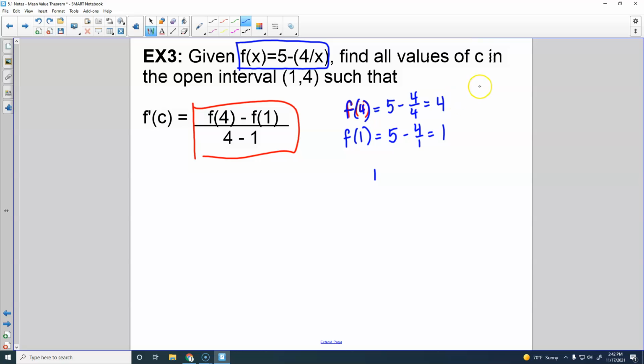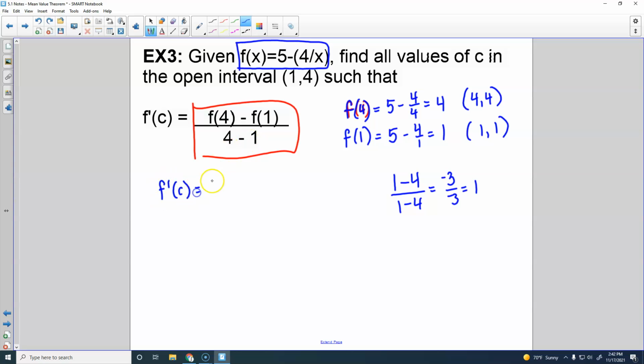So what I'm doing here is I'm finding those points. So this is the point (4, 4). And this is the point (1, 1). So if I do slope here, I'm doing 1 minus 4 over 1 minus 4, negative 3 over negative 3, which is 1. So all of this stuff right here equals 1. So f prime of c equals 1.